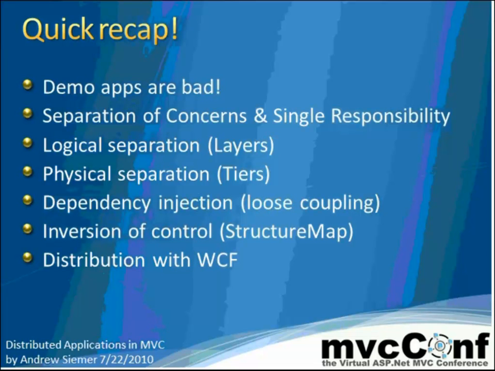Distribution with WCF. The thing I like about this demonstration is that distribution with WCF could just as easily be a caching layer or logging layer or security layer or any number of things. The nice thing is, it doesn't mean that you have to take a whole module. We didn't take our entire business layer and use that functionality behind our WCF service. We do have to deploy it.